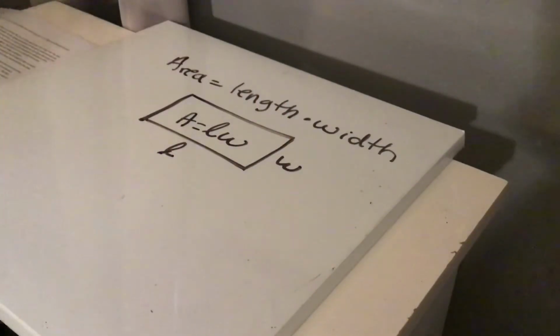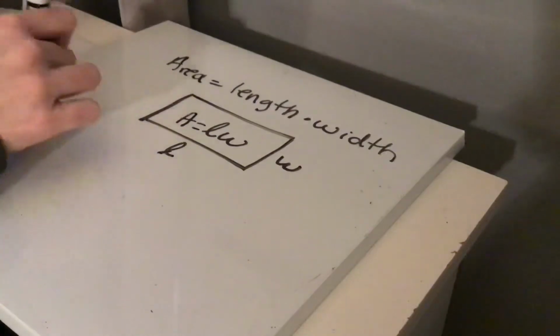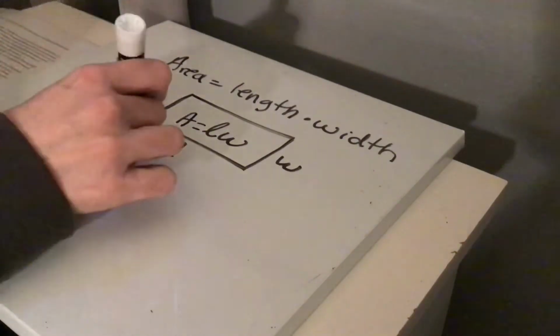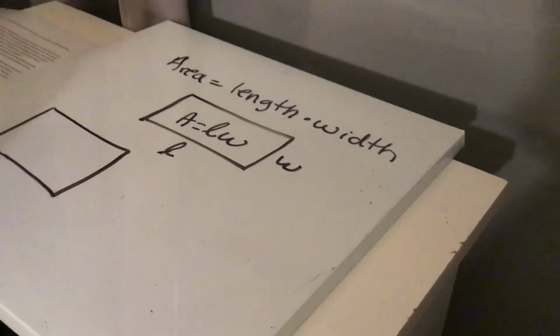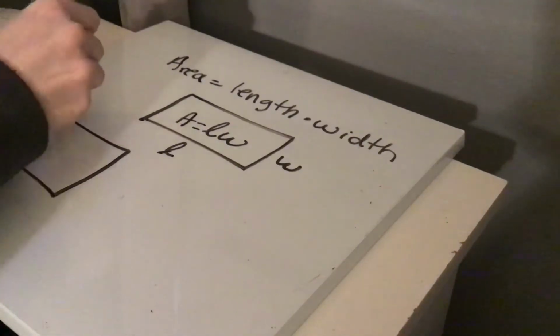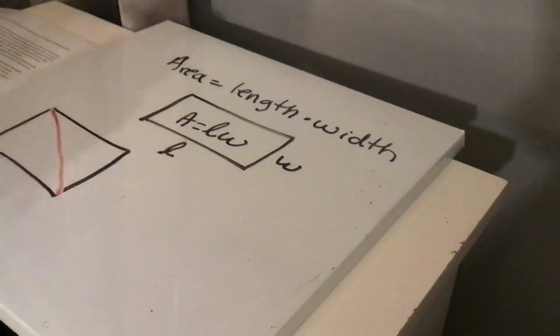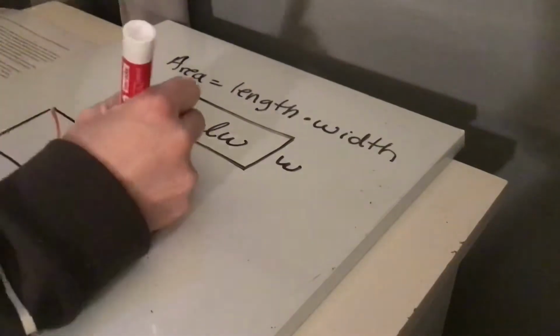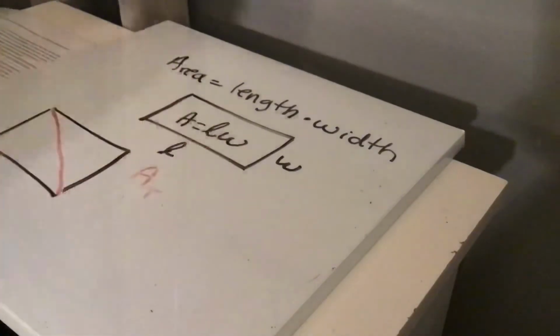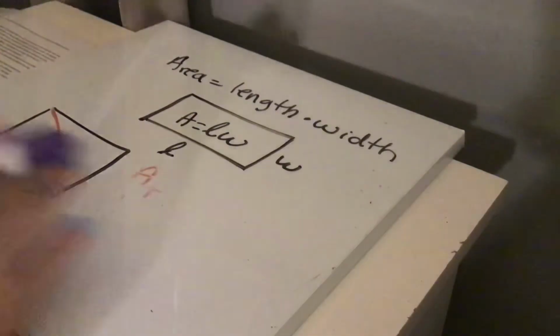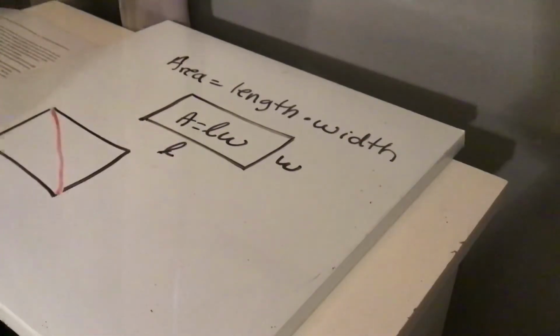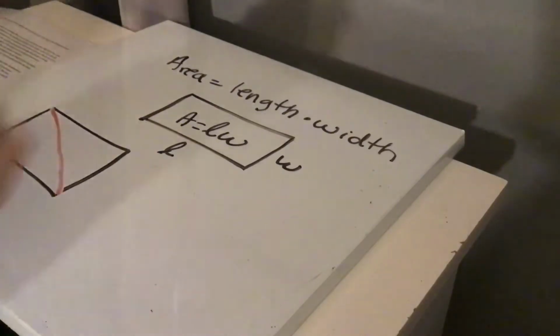But then we can take that rectangle and we can say, well, we know what diagonals are. So if I take my rectangle and I draw in a diagonal, I end up saying now that these two triangles, because from geometry we know that these two triangles end up being the same. So then I can say that the area of a triangle is going to be defined as half the area of the rectangle, right?